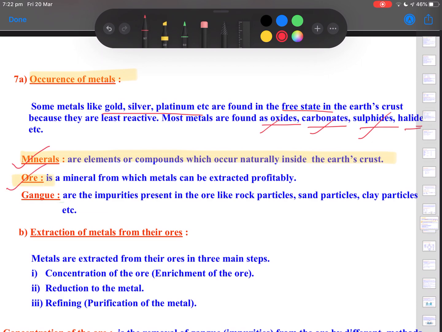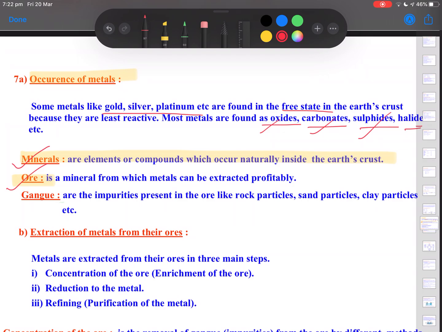If a metal can be extracted from the mineral profitably, that is very easily, and it should not be that expensive, then all such minerals are called ores.